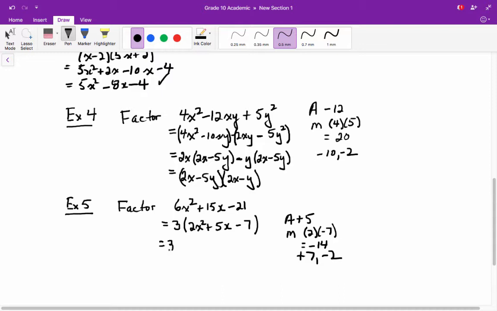I'm going to change these round brackets to square brackets. I'm going to rewrite this plus 5 as 7 minus 2. But to avoid the possible mistake with the minus before the second bracket, I'm going to reverse the terms. So it's going to be 2x squared minus 2x plus 7x. As you can see, this is still your 5x, and then minus 7.